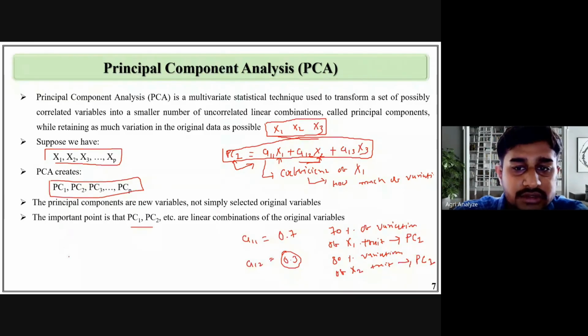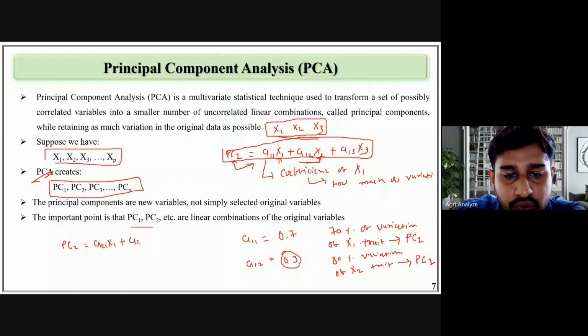Okay. Then the same for PC2. It is the linear combination of our variables. So this is A21 x1 plus A22 x2, then A23 x3. Here 21 means it is the coefficient of x1 for principal component 2.